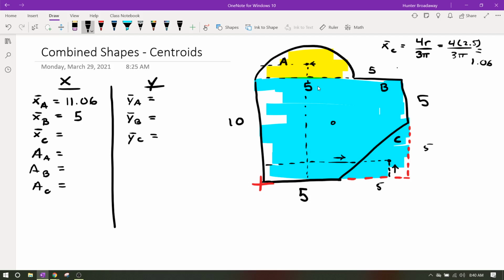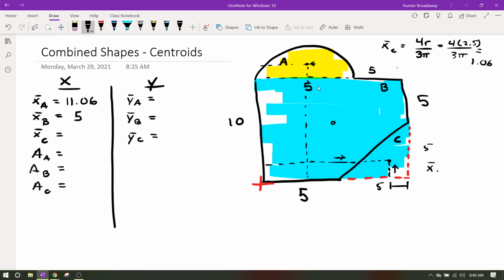The centroid location is always from the thick side, so we're going to be going from the right to the left to get that distance. So from here to here, how far is that centroid location? There's a formula for that one too.